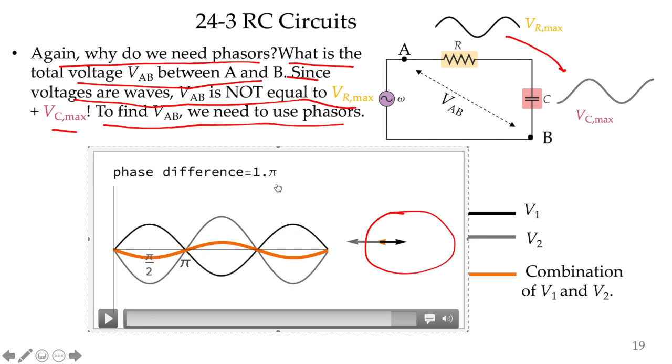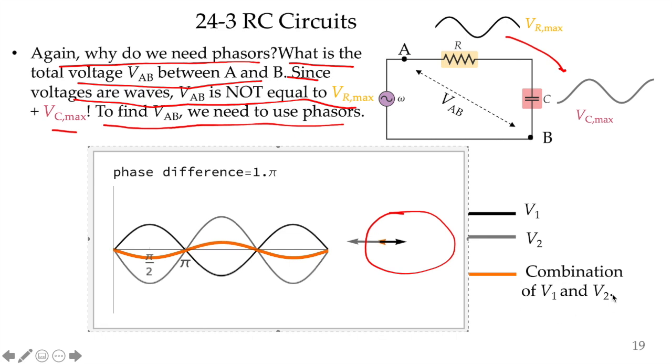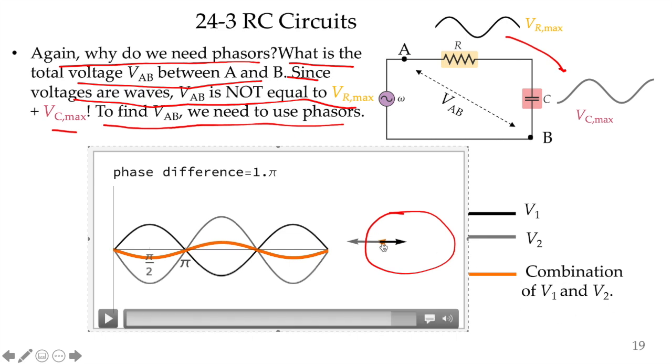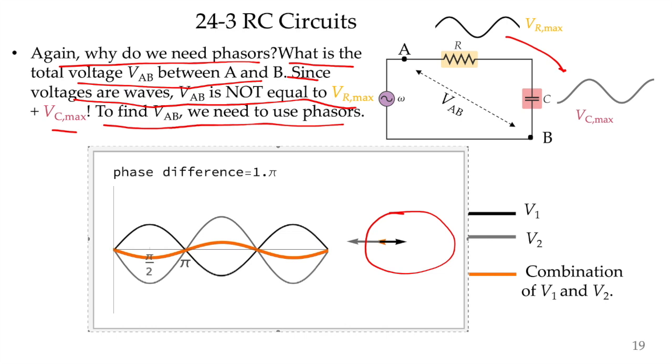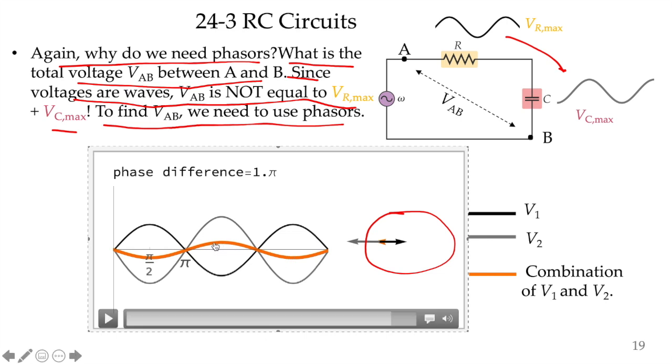It's also shown here. Now look at the maximum voltage, the combination of them becomes really, really small, right? Look at this orange vector here. It's small. And if you look at the sine waves, the maximum value of the orange wave becomes small.